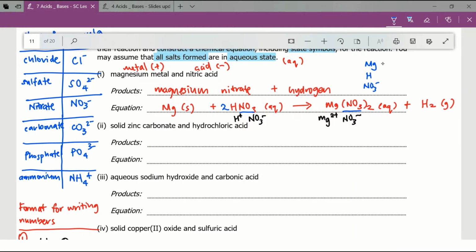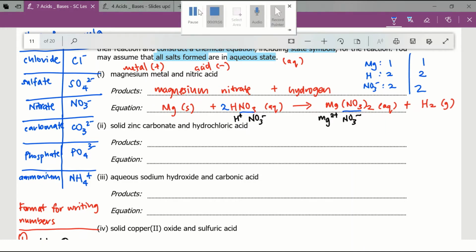On the left hand side now I have 1 magnesium, 2 hydrogen, and 2 nitrate because of the coefficient 2 in front. On the right hand side, I have 1 magnesium, 2 nitrate because of the bracket 2, and 2 hydrogen over here. Okay, so this is a balanced chemical equation.